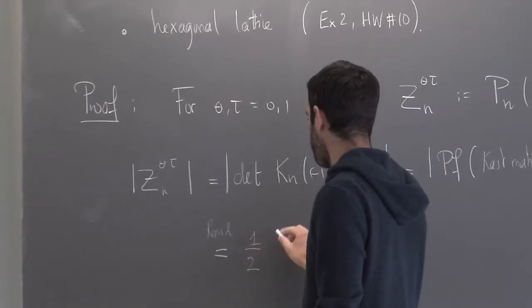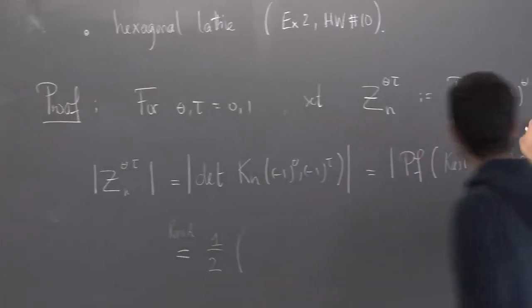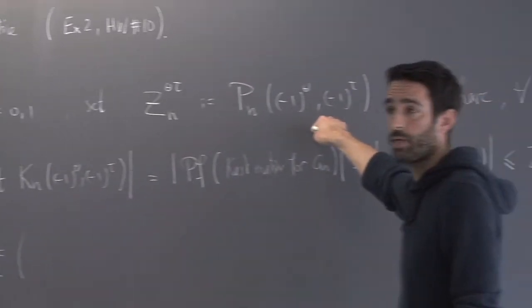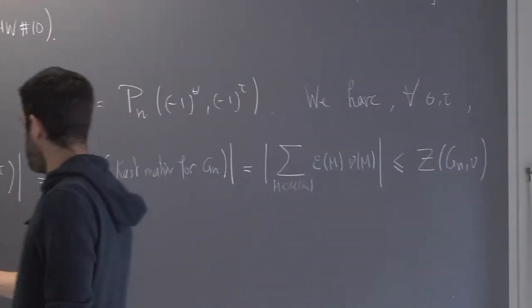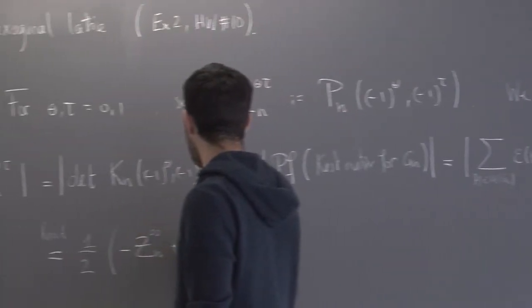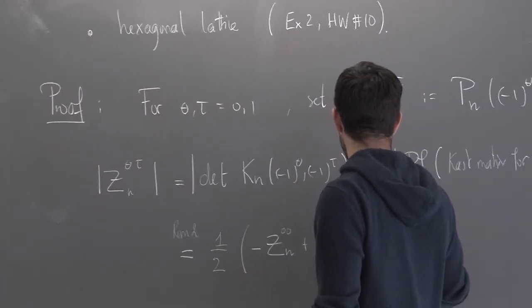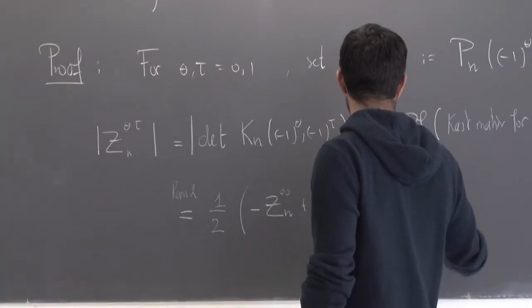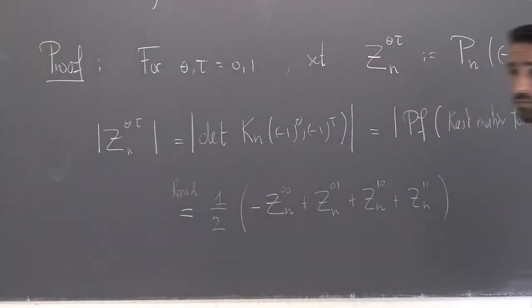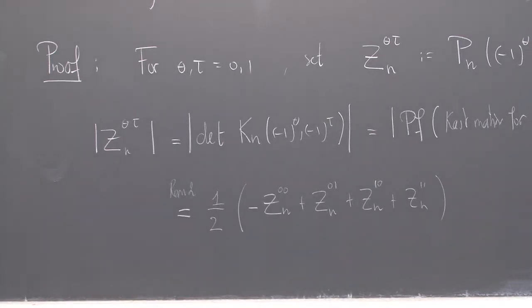This is 1/2 times these four evaluations here. So we have minus Zn(0,0) plus Zn(0,1) plus Zn(1,0) plus Zn(1,1). Right? This is simply the Pfaffian formula.